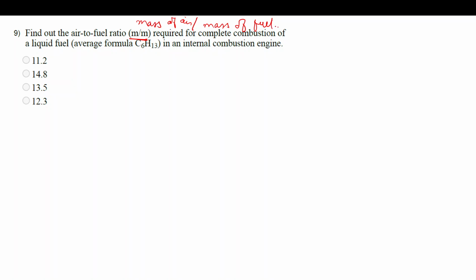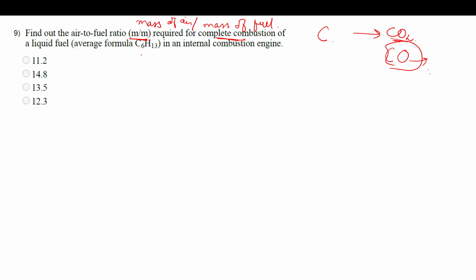Next, it is for complete combustion. Complete combustion means whatever carbon is present will get converted to carbon dioxide, not to carbon monoxide. If carbon monoxide is present, then it is partial combustion. This conversion is complete combustion.